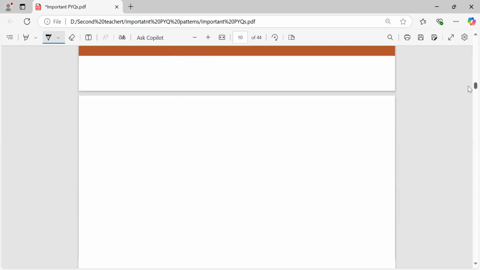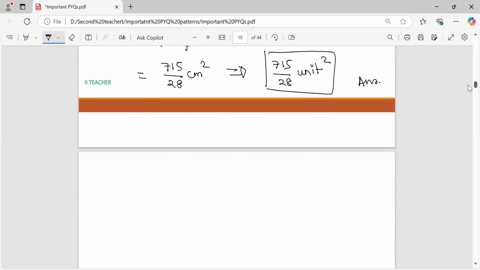Third part is also there. What they're asking in part 3 in this question is area of playground by area of the parking lot.